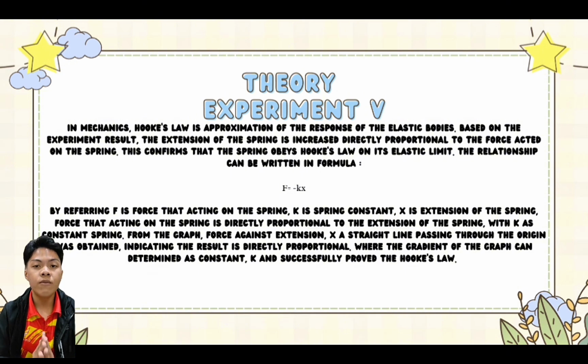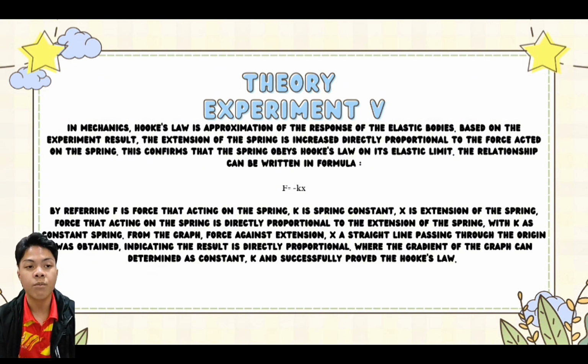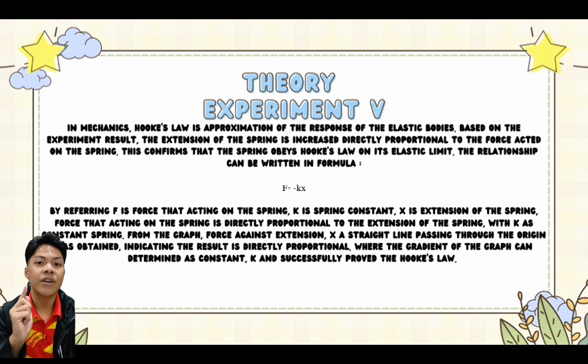If we rearrange the formula to leave x alone, we get x equals F over negative k, where F is the force acting on the spring, k is the spring constant, and x is the extension of the spring. So we know that if the force acting on the spring is increased, the extension of the spring also increases.